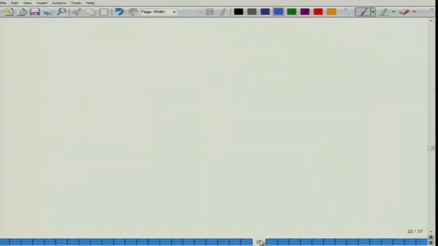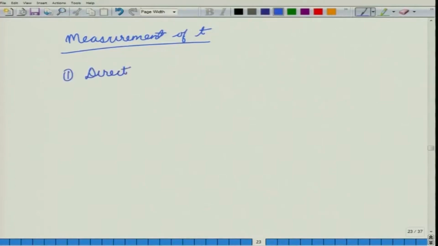So, how do we measure this thickness T? Here we have two ways of measurement. One is called direct measurement. Direct measurement is what we get from felled logs or from stumps.